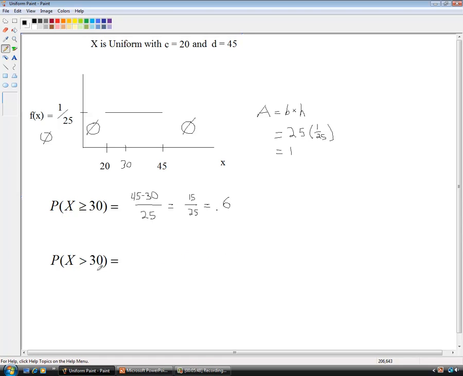Now, this is the exact same question. That also equals 0.6. The reason is because the probability that x equals 30 is the distance from 30 to 30, which is 0, and that's over 25, but 0 over any value is going to be 0.